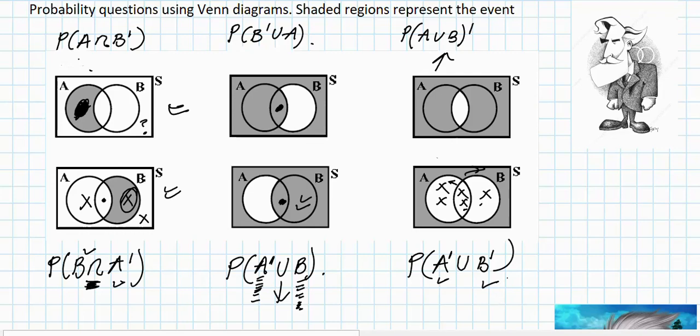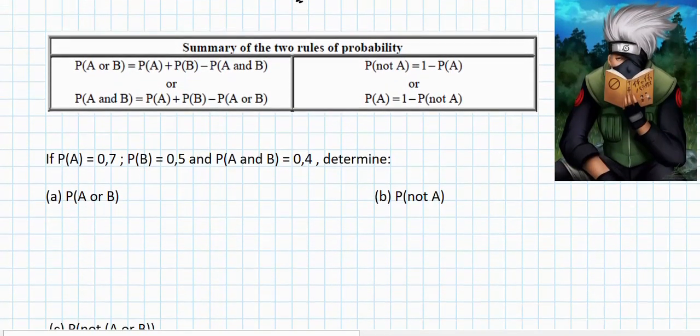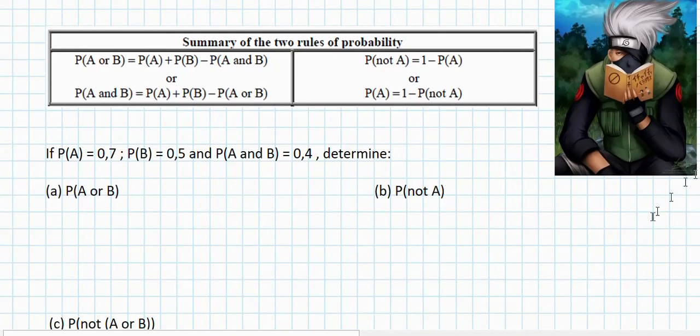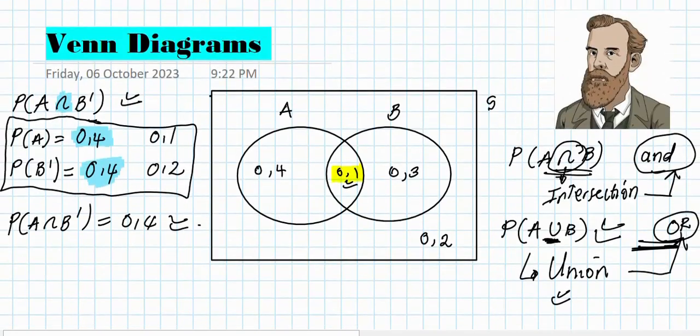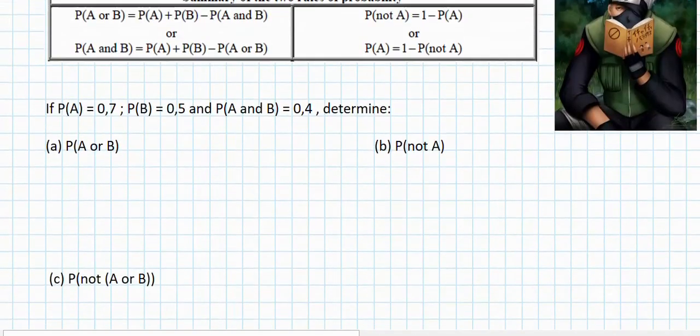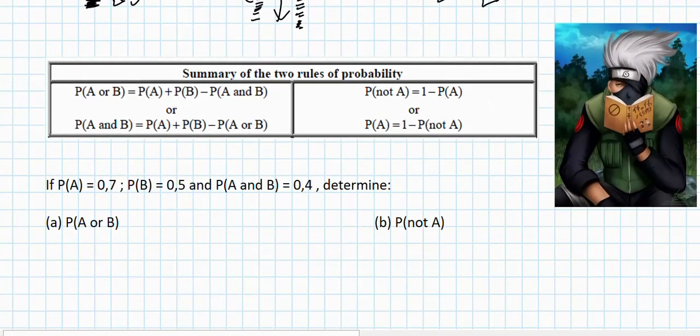Now we can try to move on. We want to talk about the summary of the two rules of probability. So in probability, guys, please make sure you understand these first two parts first, and then you can move on to this one. And when you do, we are talking about the rules of probability.